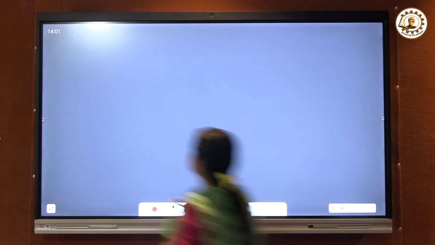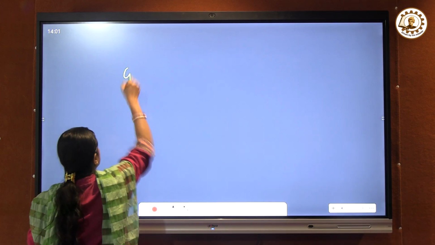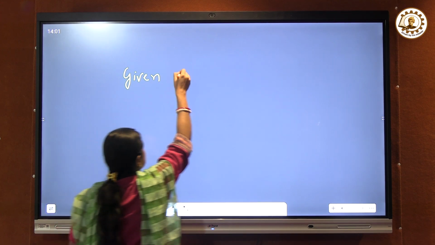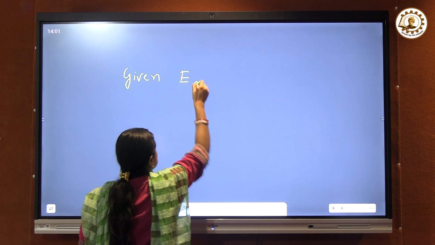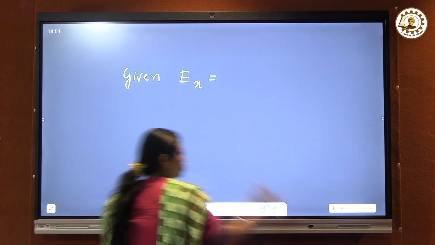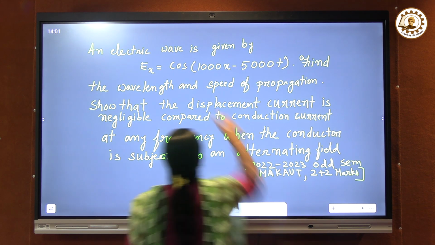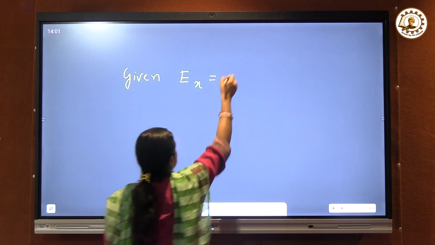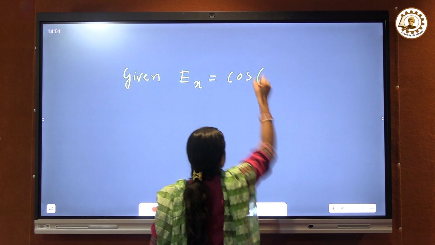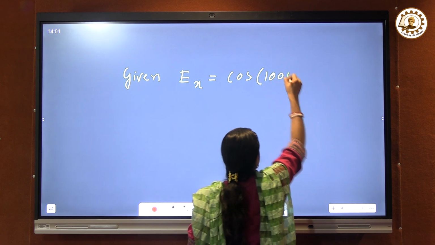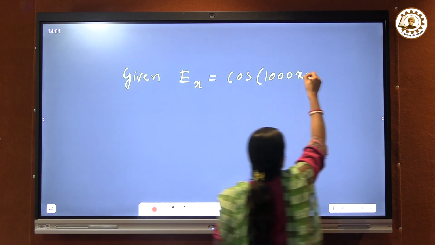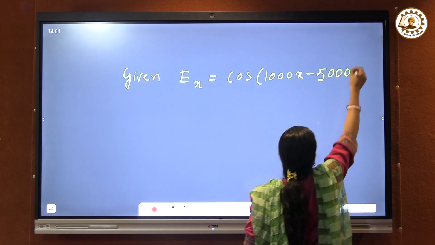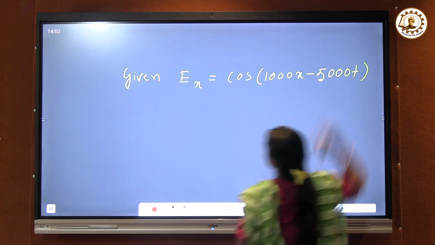In the first part, given the electric field Ex is equal to cos(1000x minus 5000t).